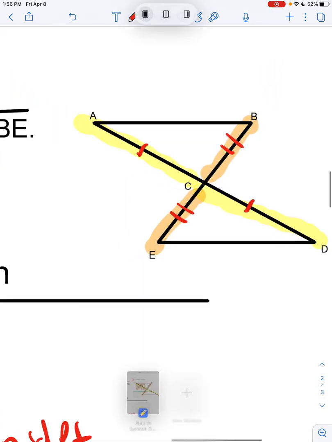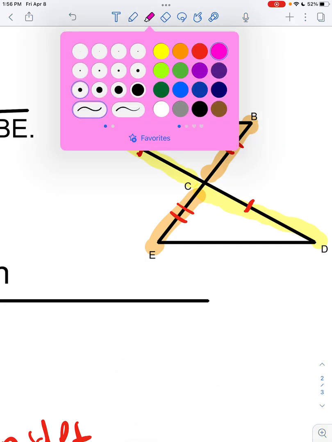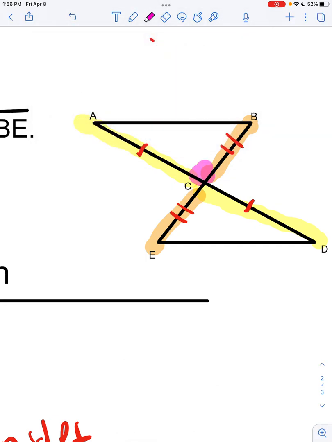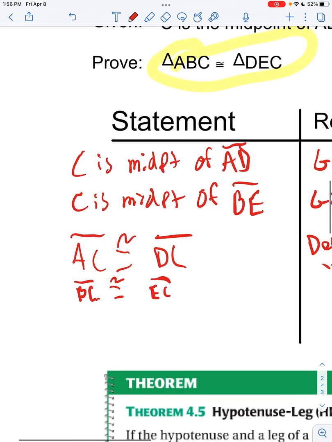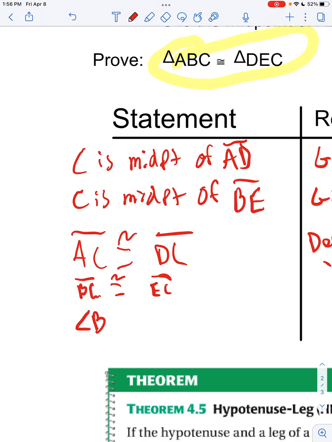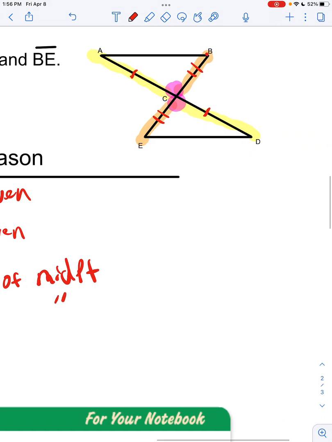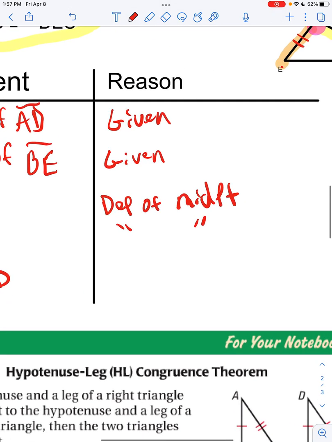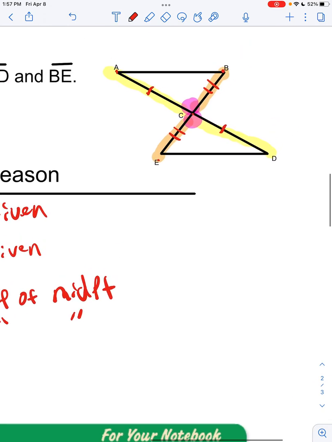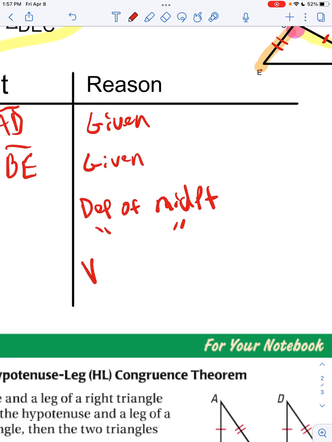And now, if we're using side angle side, I have to figure out something to do with this angle and this angle. Again, the order that you put the letters matters. So I'm going to say that angle BCA is congruent to ECD. And that is because of vertical angles.